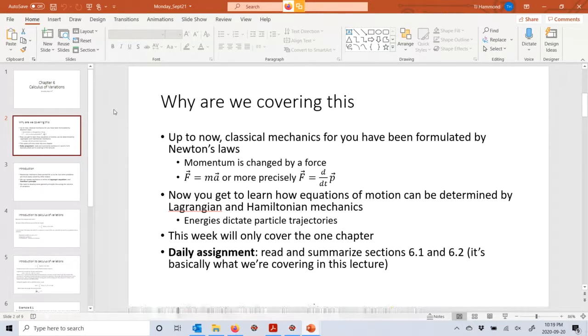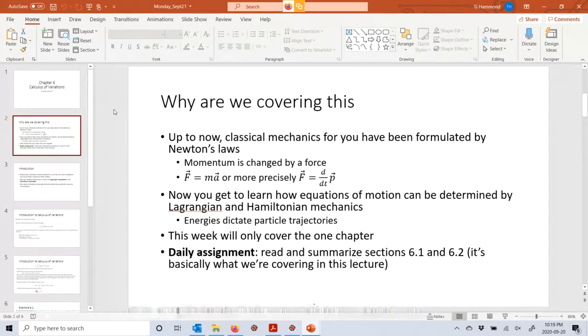It actually took about 100 years, or even 150 years, and many very skilled mathematicians and physicists to come up with the formulation for Lagrangian and Hamiltonian mechanics. But we'll see over the next few weeks how useful they can be. As I said, instead of using forces and momenta, they show that energies act on particles and can dictate the particle trajectories.